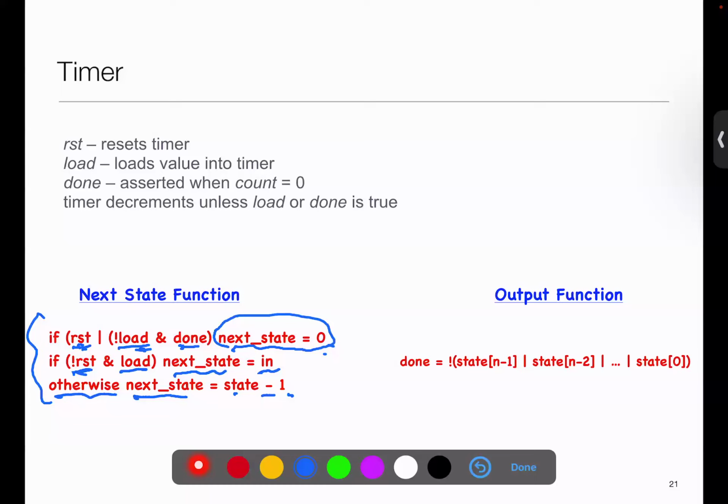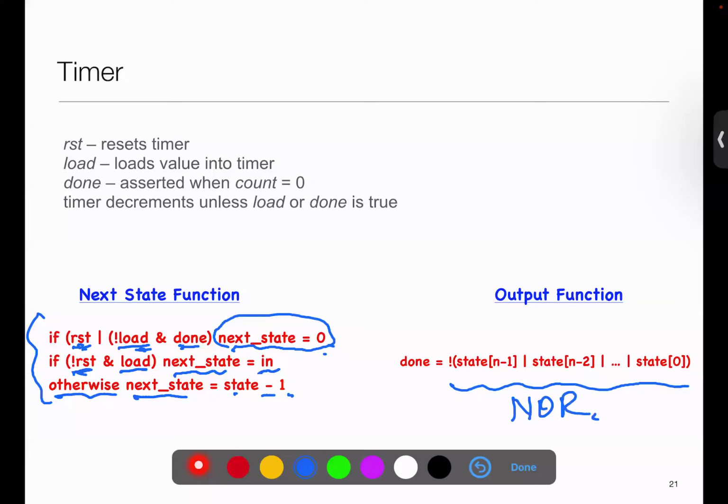Now the output function here is a little bit more complicated. Remember, unlike a counter, I'm not interested in the bits of the state or the count. I'm interested in when the count has become 0. That is what this does: I want done to be 1 if the state bits are all 0. So this is basically a NOR gate.